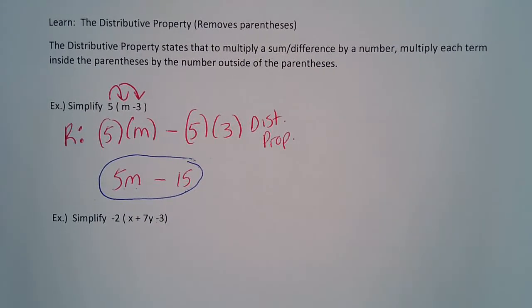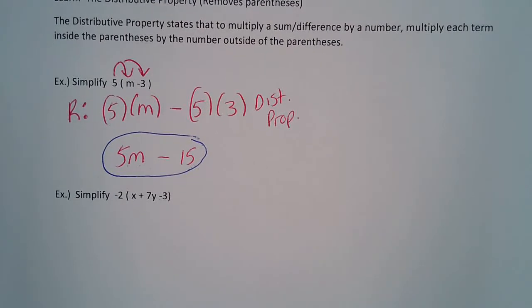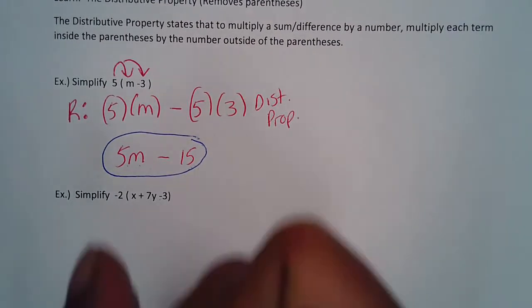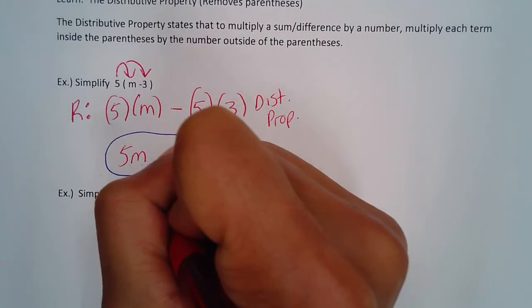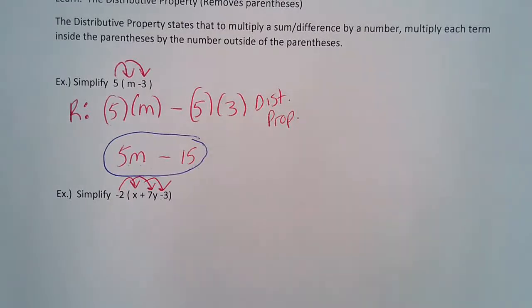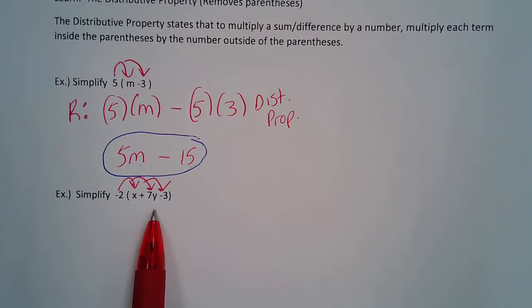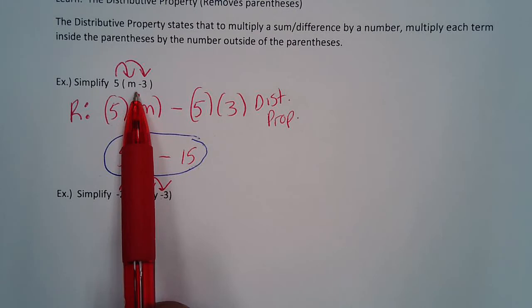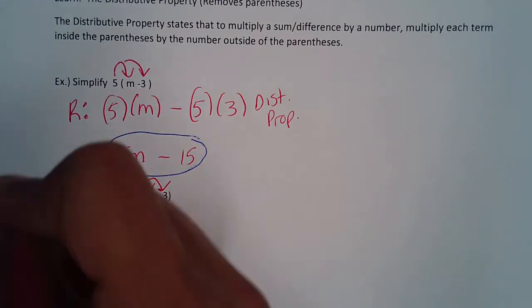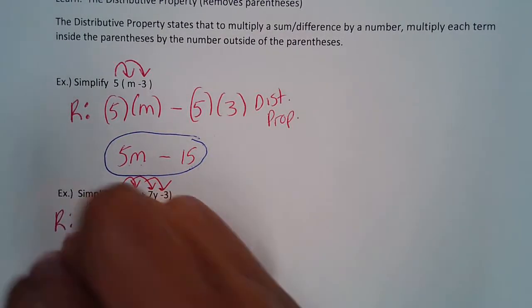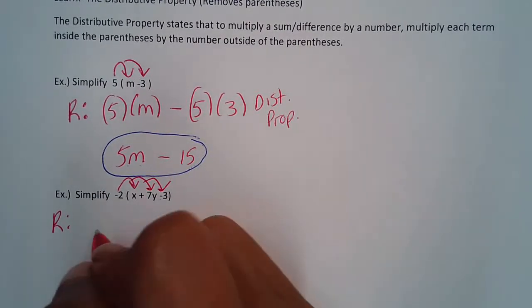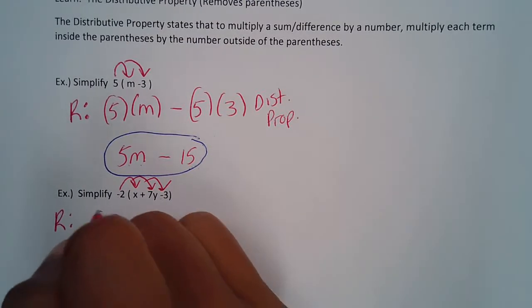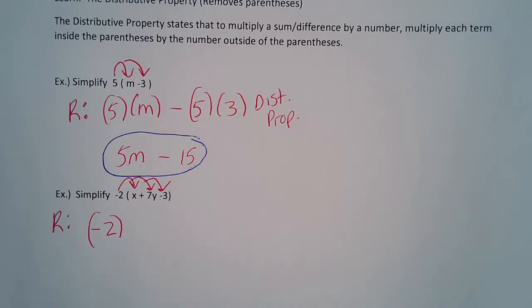All right, let's try the next one. This is the main one that I want to show you. So again, I'm going to start by drawing my arrows, even though now I'm dealing with 3 terms inside the parentheses as opposed to the 2 from the first example. All right, then we're going to rewrite. I'm going to have -2. And remember, I'm going to use parentheses around it because I want to make sure I keep my problem as organized as possible.